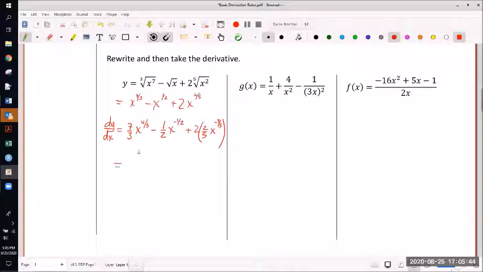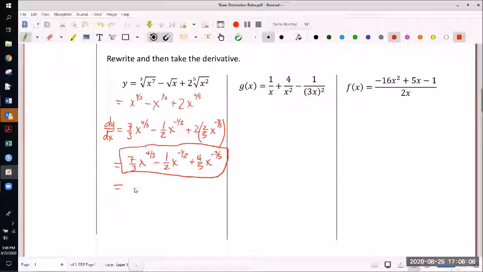Now I can rewrite these. Let me simplify first. 7/3 x to the 4/3 minus 1/2 x to the negative 1/2 plus 4/5 x to the negative 3/5. And now if I want to rewrite it in a form similar to what I started with, we could stop there.